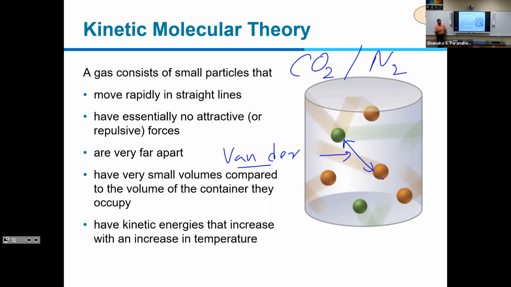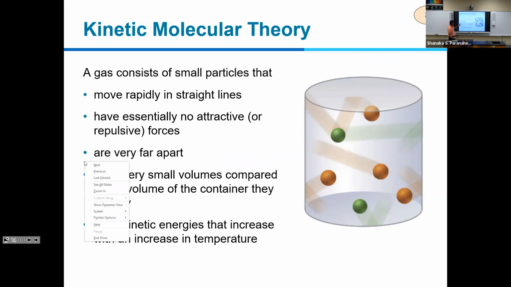So these are real gases. When there's an attractive force between real gas molecules, it deviates from the ideal gas laws, so we can't use those ideal gas laws. Another point is that the particles are very far apart. It depends on the container.